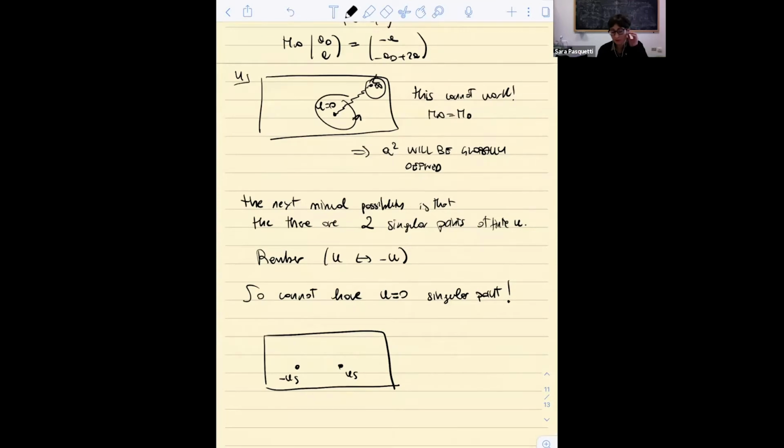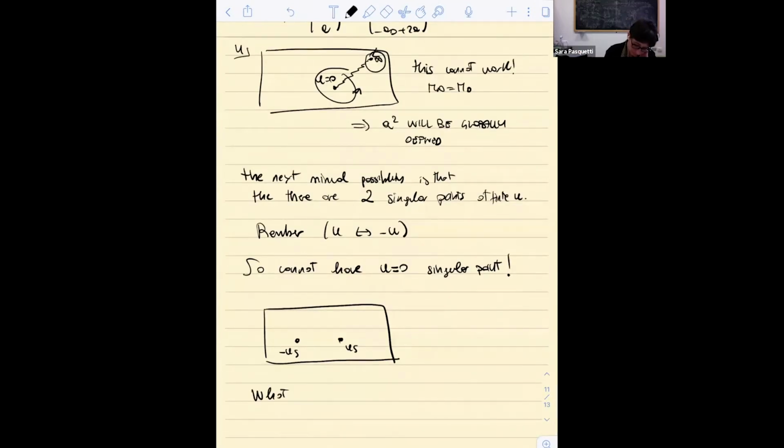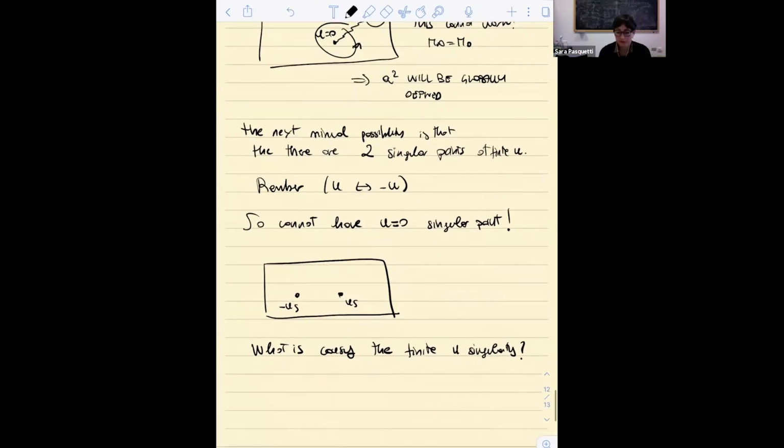Then we need to understand what is causing this finite u singularity. We can again think that the problem is still due to the fact that maybe at these finite points A goes to 0.